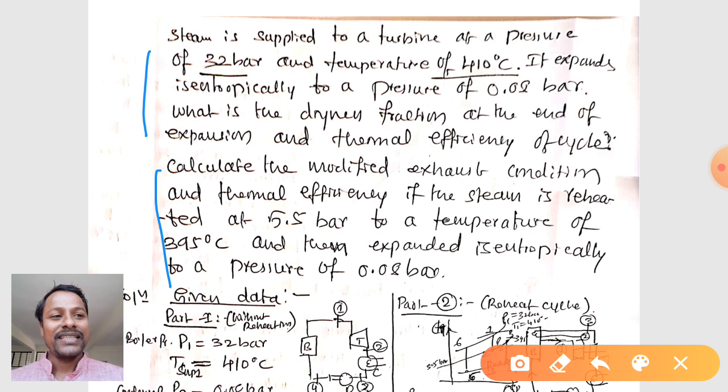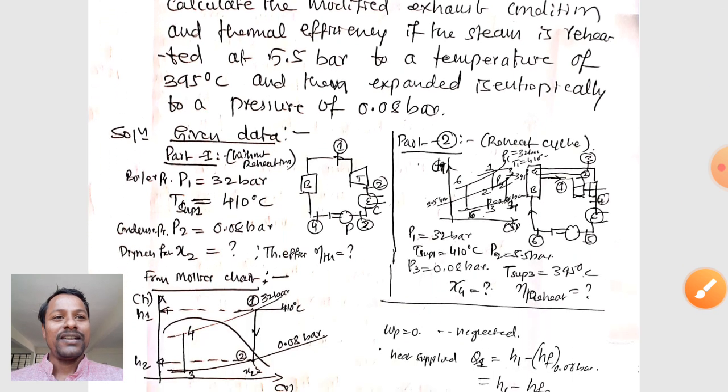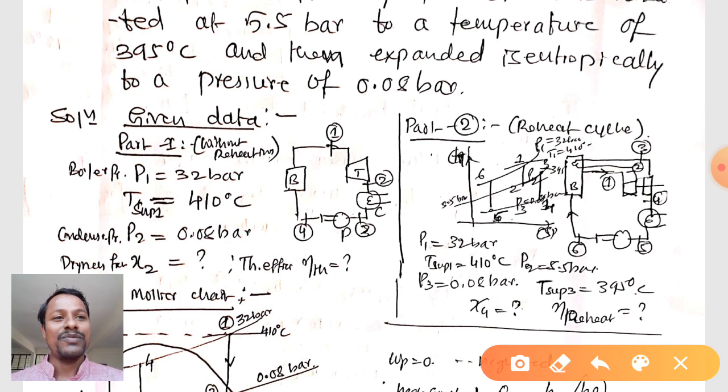So let us write the given data for the problem. First we need to refer to the schematic diagram, or just remember it. At the turbine inlet, as he has mentioned in the problem statement, the pressure is 32 bar. So state 1 we have considered for our analysis, and P1 is 32 bar.